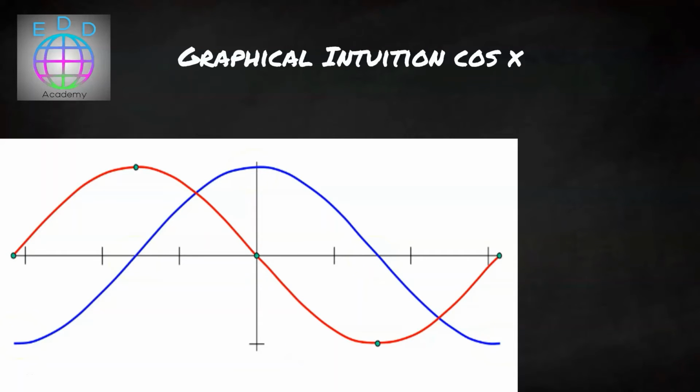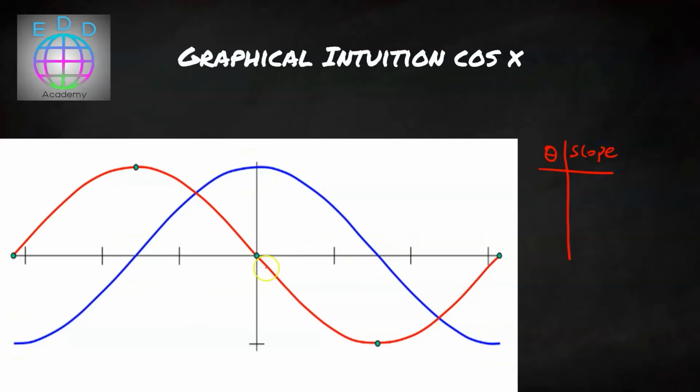So just like we did with the sine function, before we actually try to algebraically compute the derivative of cosine x, I want to see if we can determine it with some graphical intuition. And just like we did with the sine function, I want to look at different theta, different x values, and determine the slope of the graph at that point.